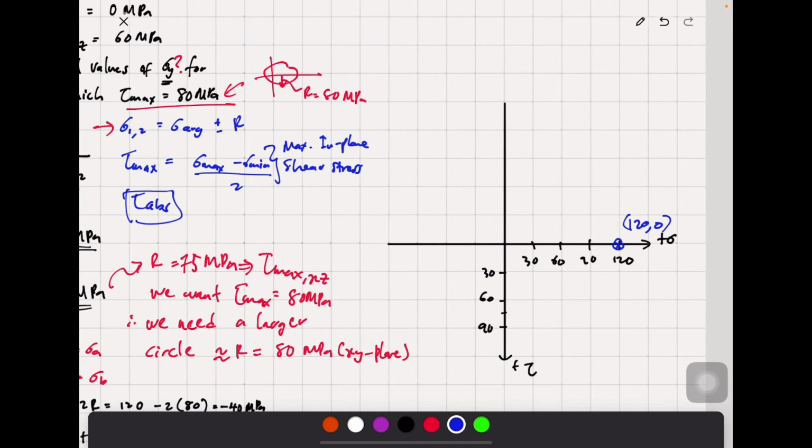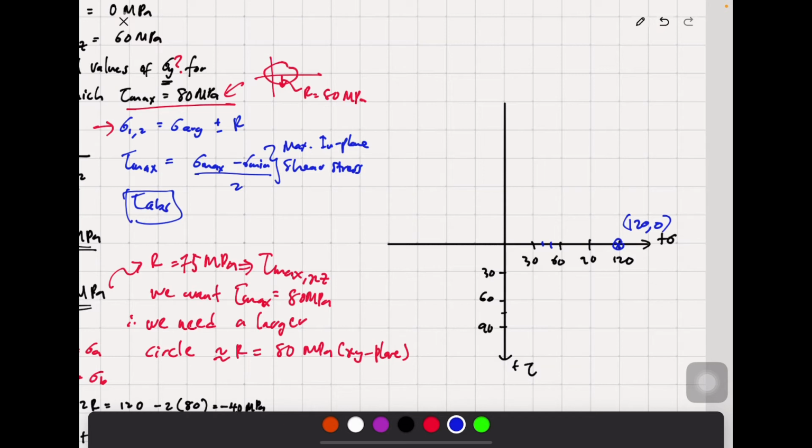We also have the circle that we're going to have, the first sigma average is around 45. This is 30, 40, 50, 60.